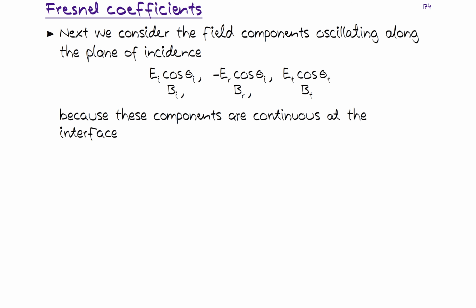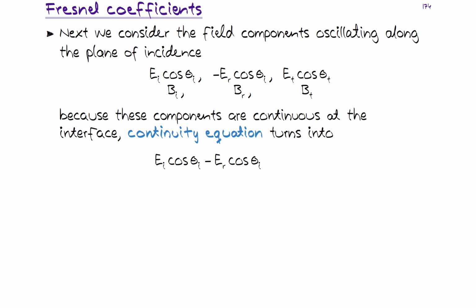And now the continuity equations state that these components are continuous. Then I can turn these different terms into two equations. So basically these turn into Ei times cosine theta i minus Er times cosine theta i must be equal to Et times cosine of theta t. So I'm just taking these and writing an equality so that the incident and reflected field amplitudes must be equal to the Et case so that the continuity would hold.